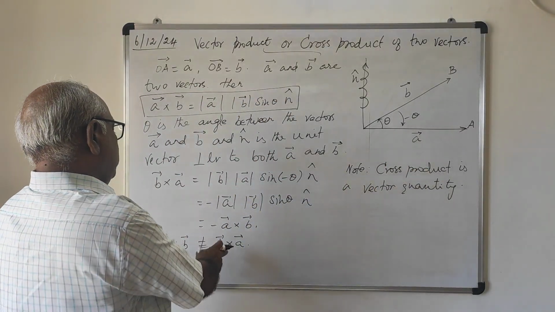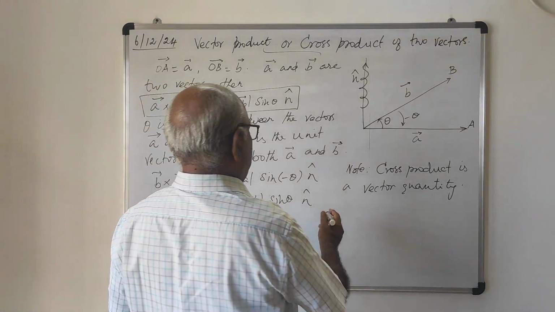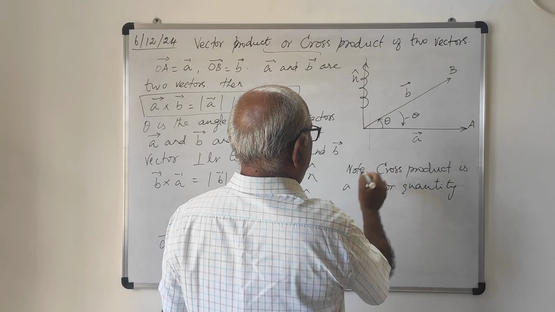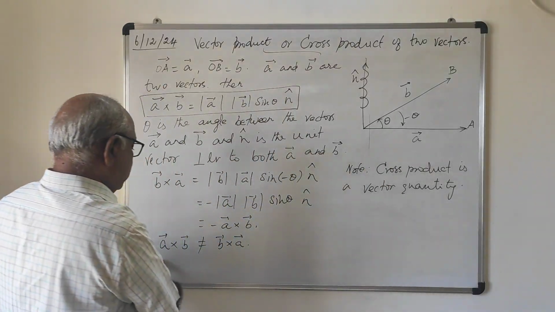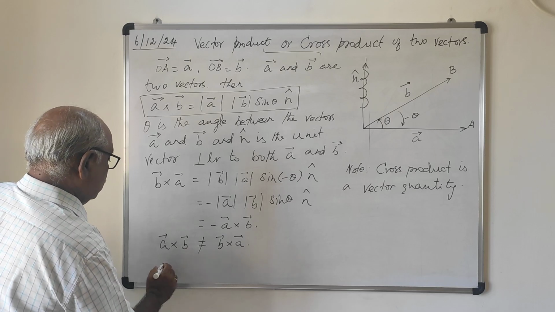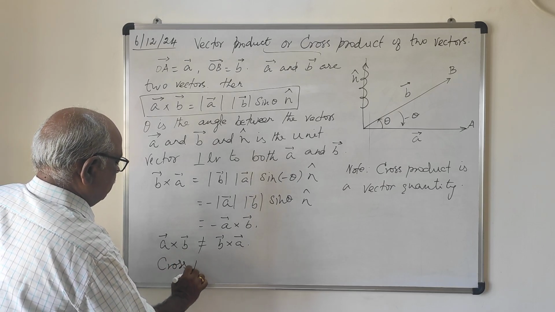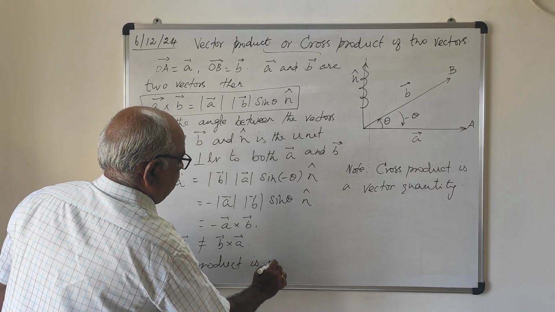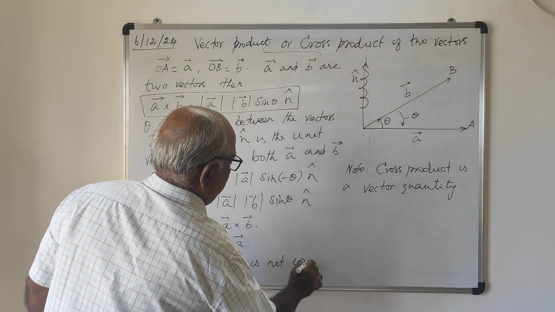So cross product gives a vector quantity. Now the properties of vector product. The first property is that cross product is not commutative, because A cross B is not equal to B cross A.